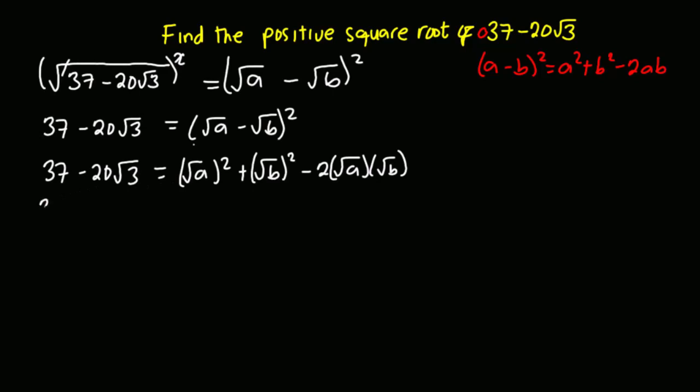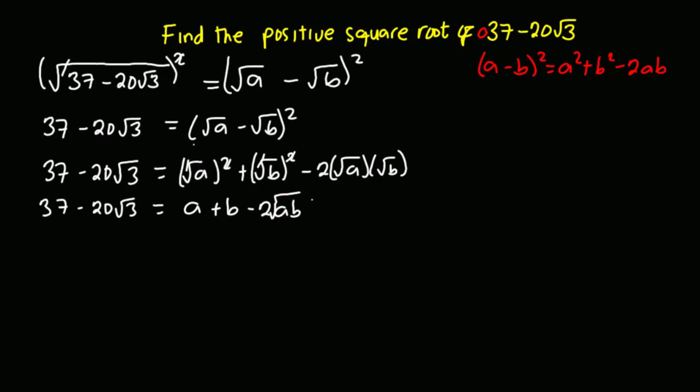So this will give us 37 minus 20 root 3 is equal to a, because the square and the root cancel, plus b, minus 2 times square root of ab.